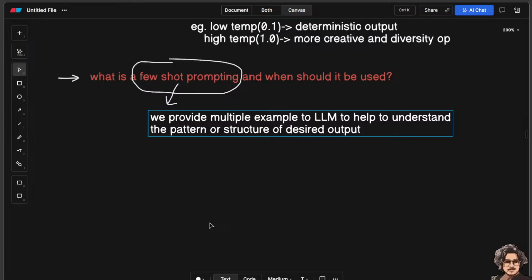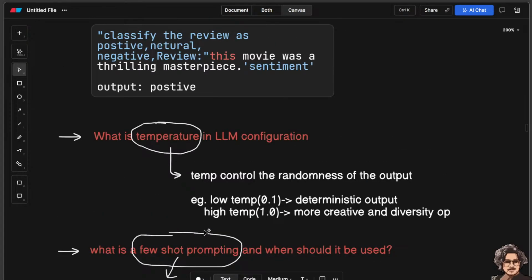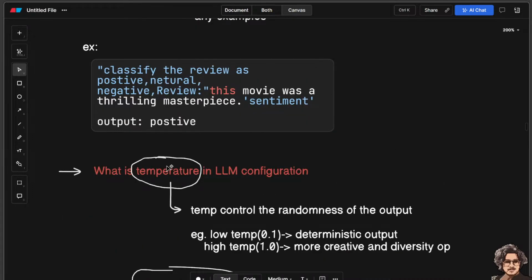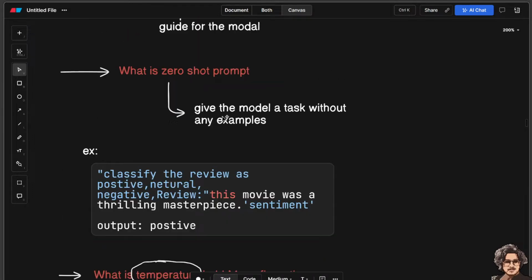So it is used when a zero-shot prompt fails. A zero-shot prompt gives the model a task without giving an example.